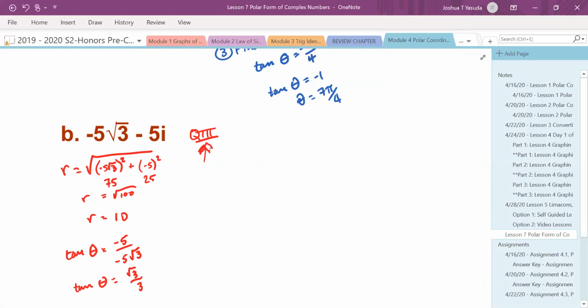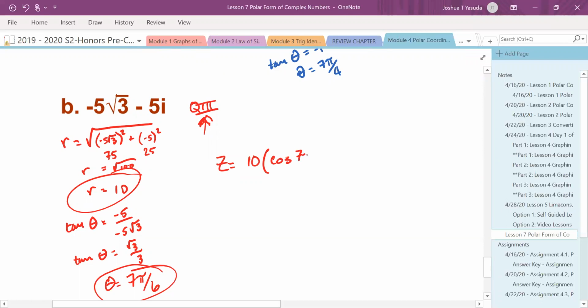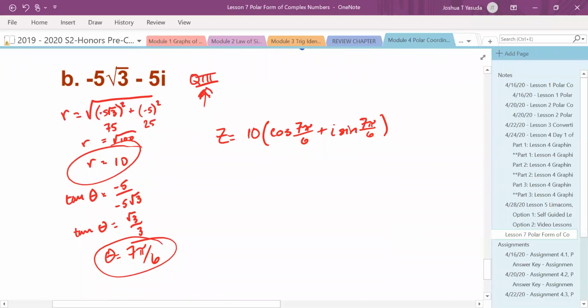So I'm going to go with theta equals 7 pi over 6. Then like I said, you just got to write it now, right? So I need these two things. I'm going to say z equals 10, and then cosine of 7 pi over 6 plus i sine of 7 pi over 6. And that's it. Remember, don't multiply it out.